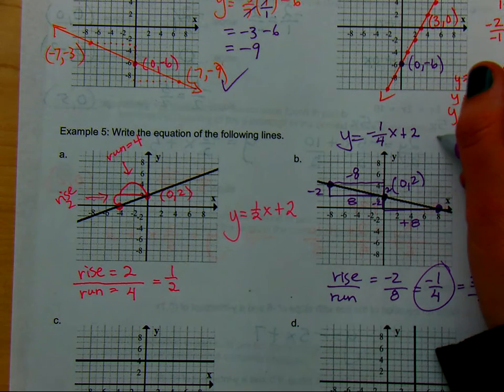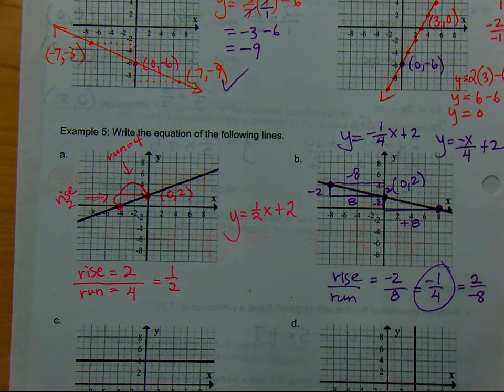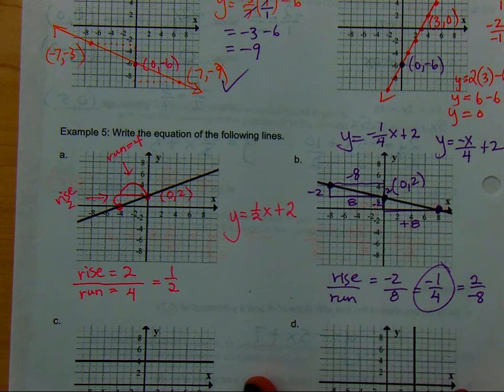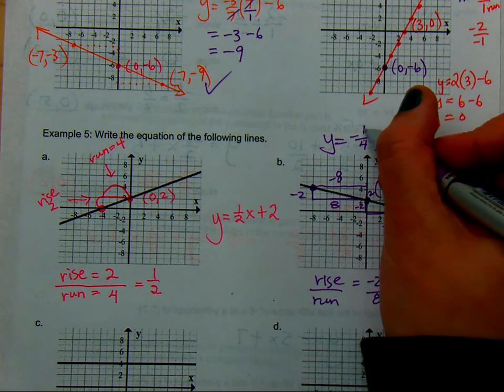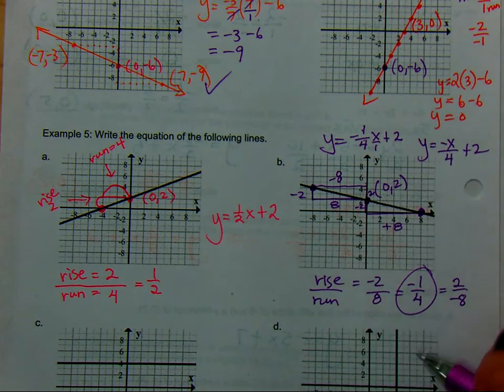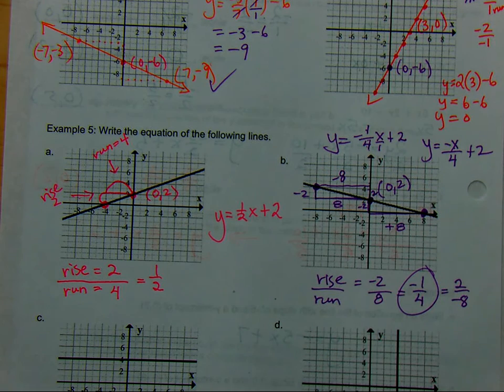And by the way, that would be the same thing as y equals negative x over 4 plus 2. It's just another way of writing it: negative 1 times x is negative x, over 4 times 1. So it's the same thing. I just am showing you different variations on that.